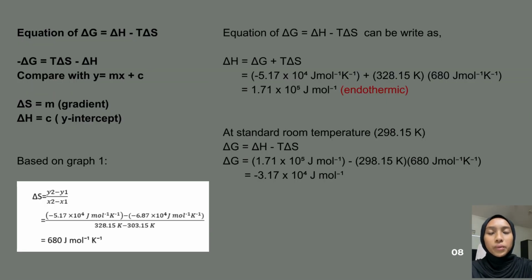From the equation of Gibbs free energy, we can compare it with y equals mx plus c. Entropy, delta S, equals the gradient, and we got positive 680, and delta H we also got positive, and we can conclude that this is an endothermic reaction.